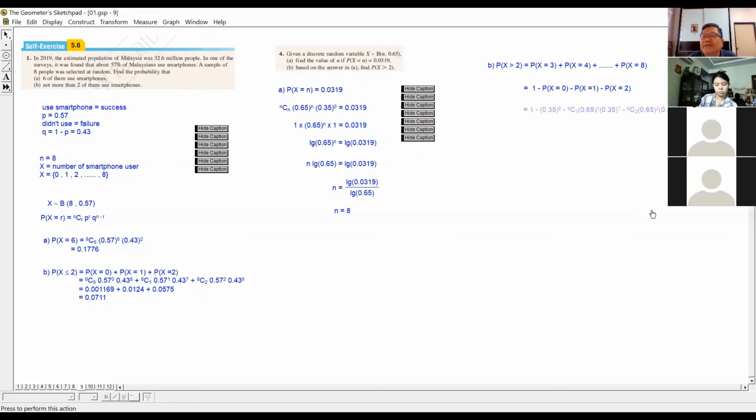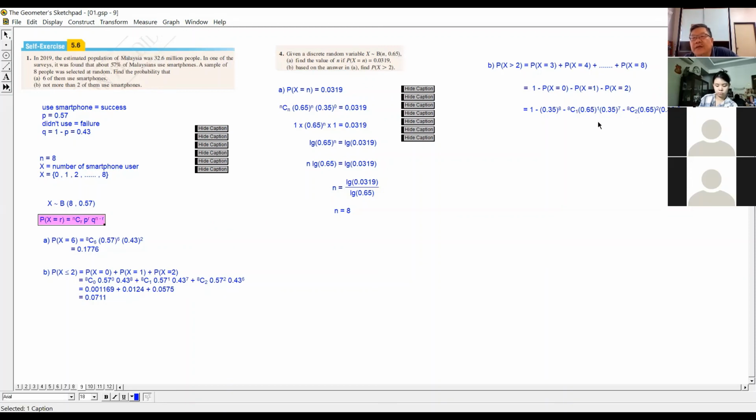This is the shortcut. Then the complement, these three numbers, they are quite easy to find using your calculator and using this formula over here. So use this formula, apply them to these three cases. Apply the formula to X equal to 0, X equal to 1, and X equal to 2.